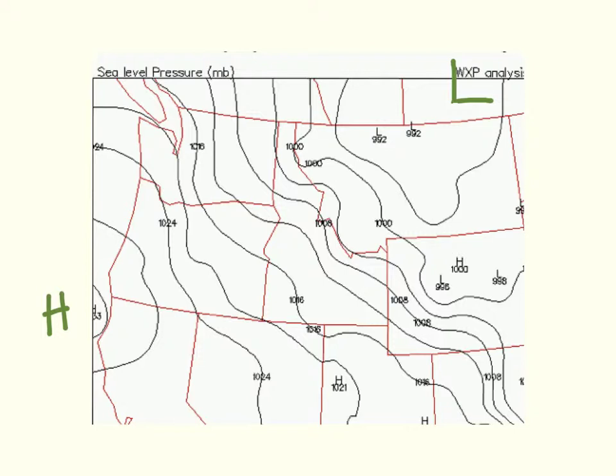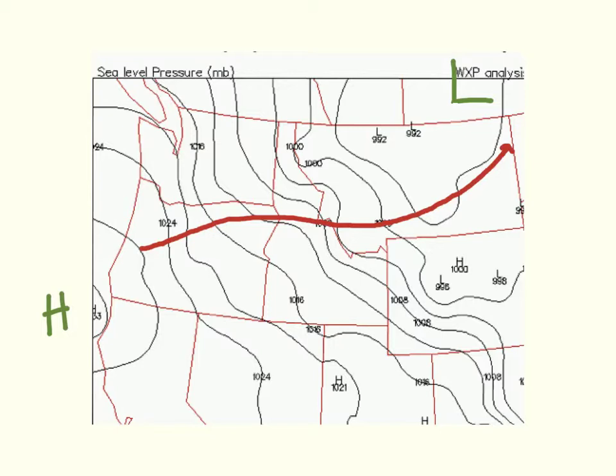So the flow will go from high pressure towards low pressure, but in doing so, the flow ends up actually crossing isobars and moving around the surface low pressure.